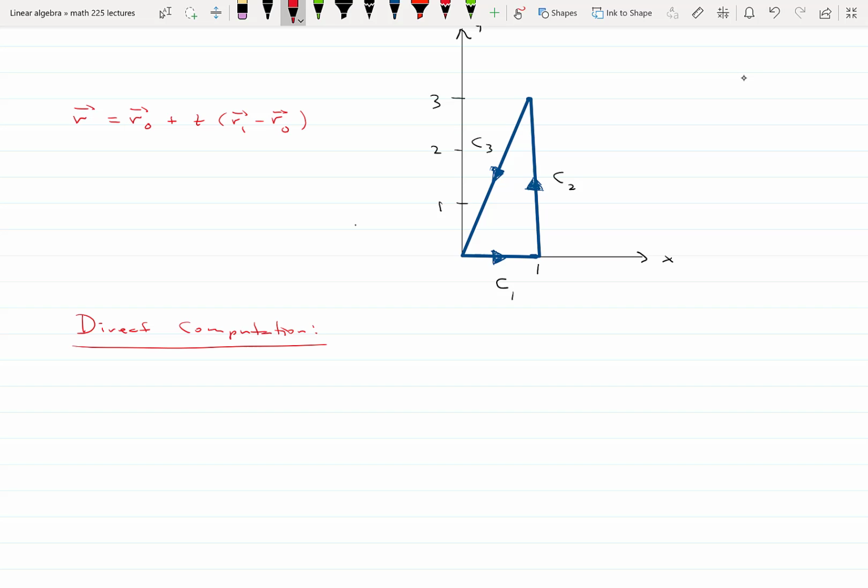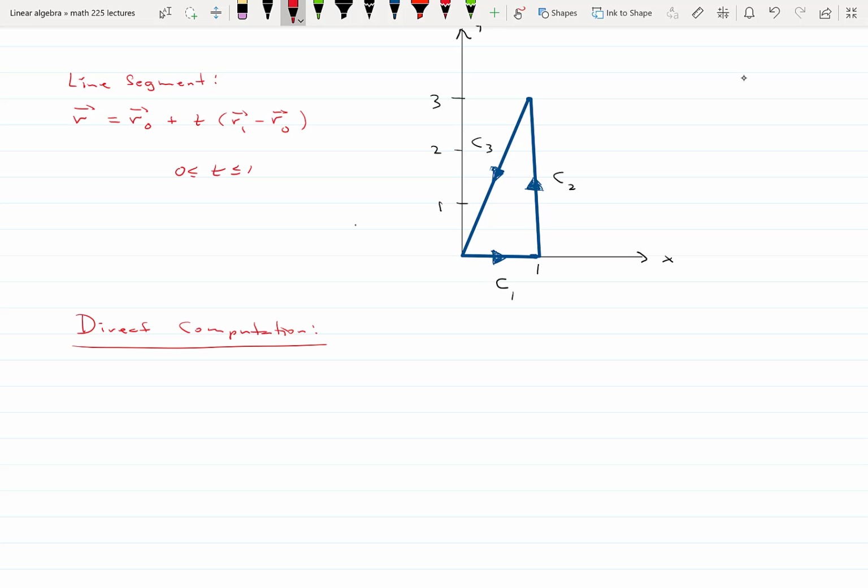And your author uses a slightly different form of the same formula. He distributes the T and regroups stuff a little differently, but it's the same formula. So this is a formula for a line segment we use real often in this course, for T between 0 and 1.